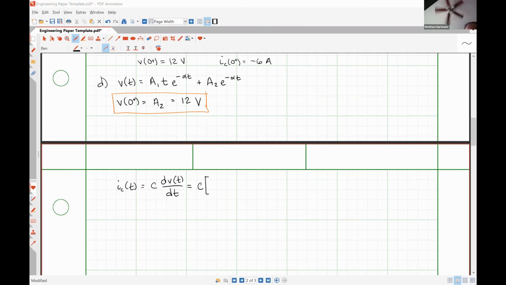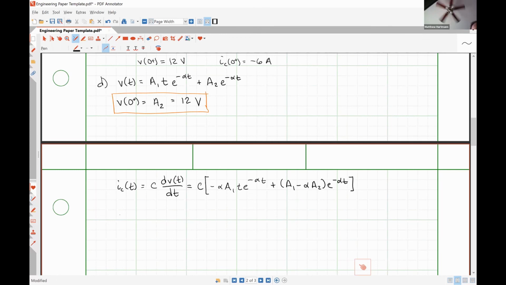So that is negative alpha A1 t e to the minus alpha t plus A1 minus alpha A2 e to the minus alpha t.